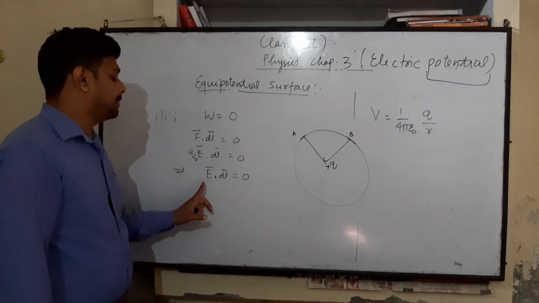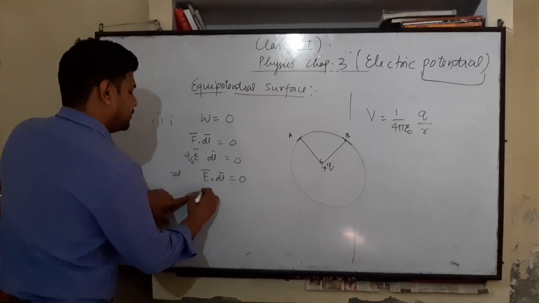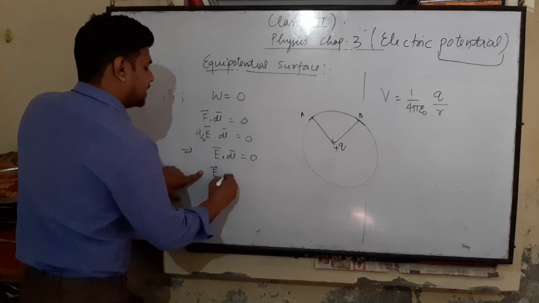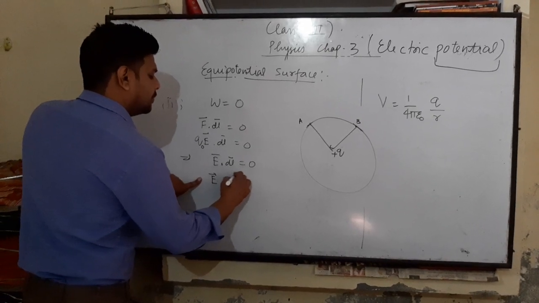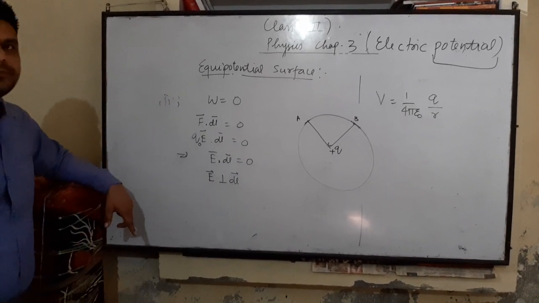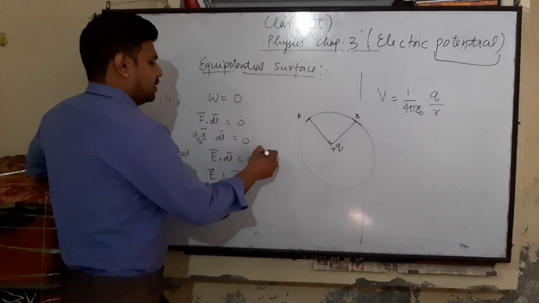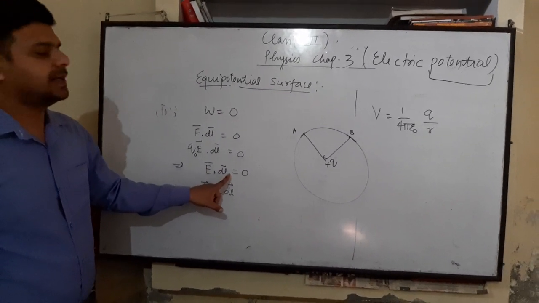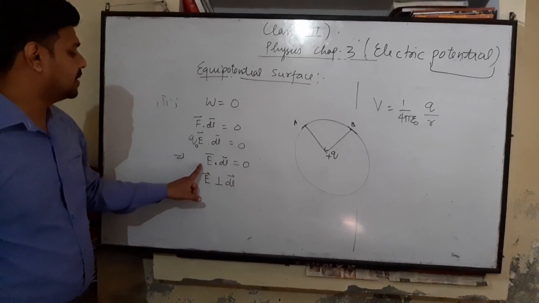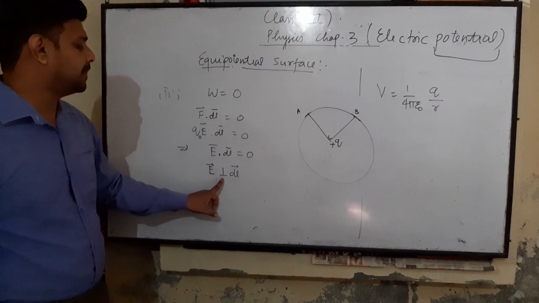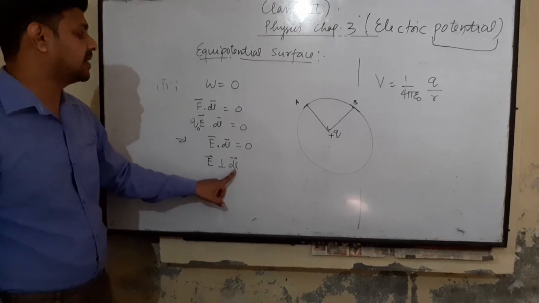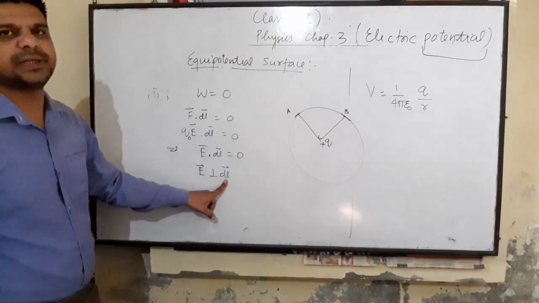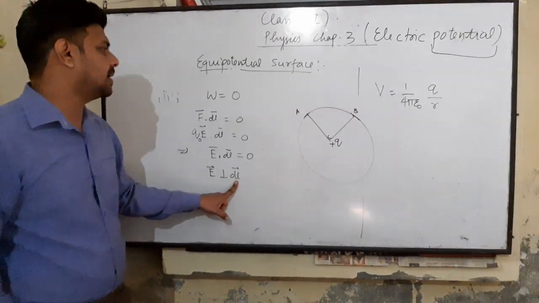You can say vector E is perpendicular to vector dl. It means the electric field is perpendicular to the surface of the equipotential surface.